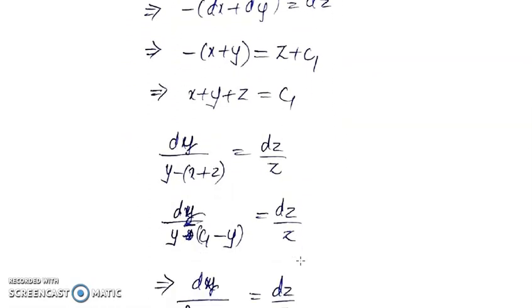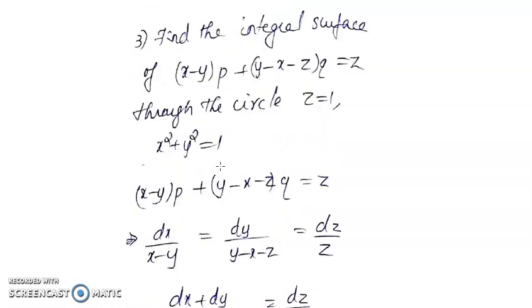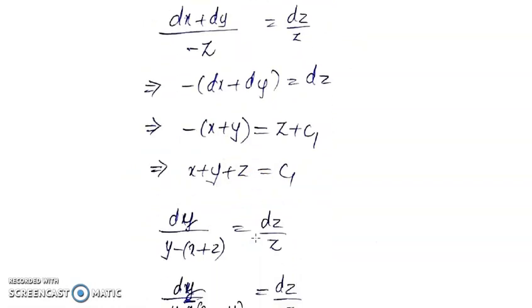Now I am going to use substitution for getting the second solution. So let me take dy and dz. So dy by (y minus x plus z) equal to dz by z. Here you have dy and dz, so we need to replace x.